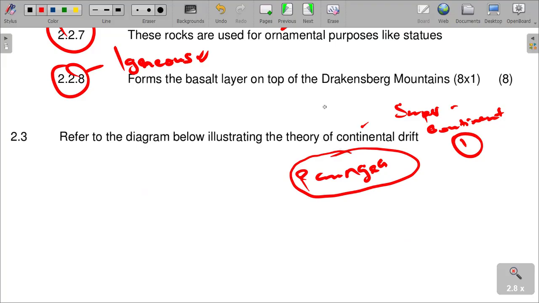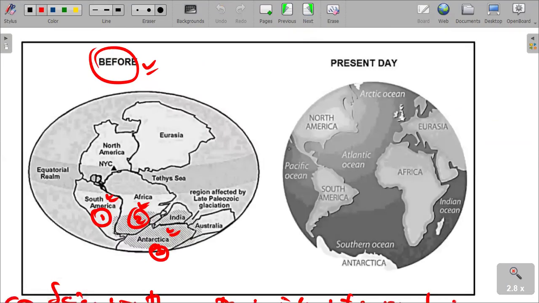Now I want us to look at the questions that follow. We have the continents before drifting, and also after, the present as of now. So this is before continental drift, and after continental drift.